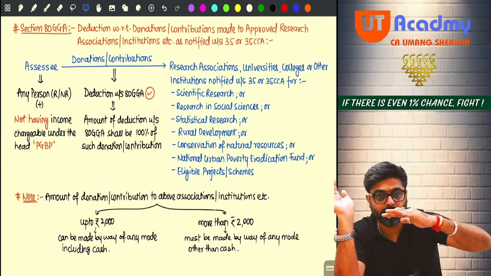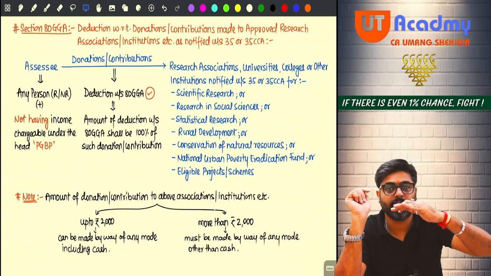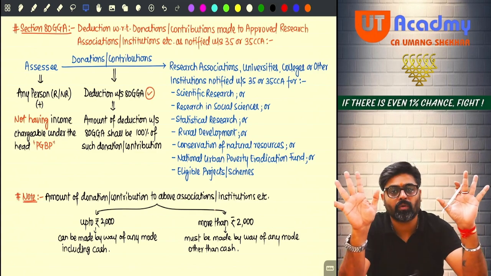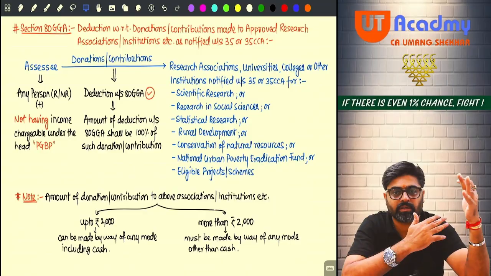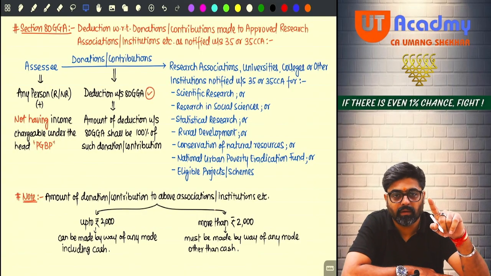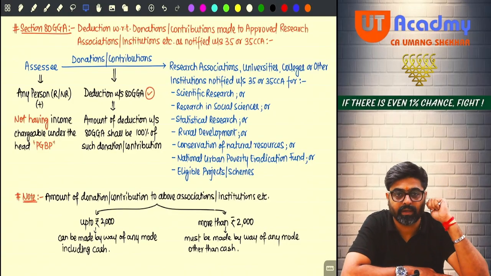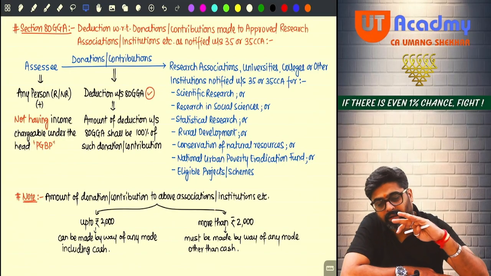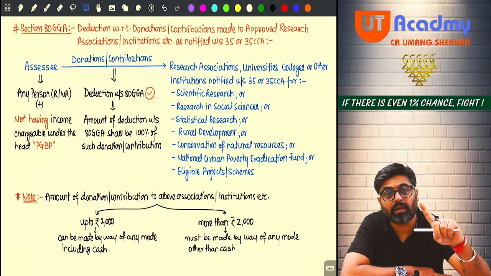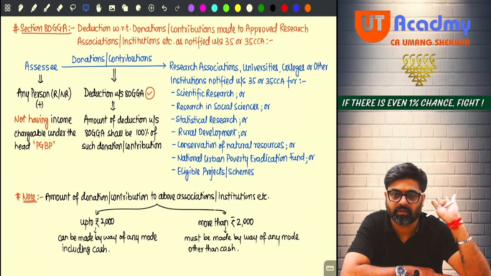Whatever amount is donated will be fully allowed as a deduction under 80GGB. That's it. But remember, if that same donation is made by any person other than a company, then that amount can be allowed as a deduction to that person also, but under section 80GGC. The section numbers are different, that's it.